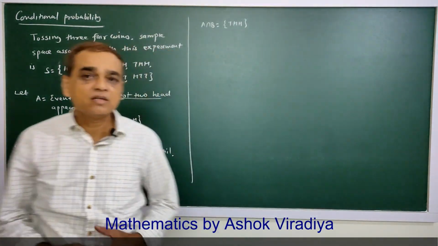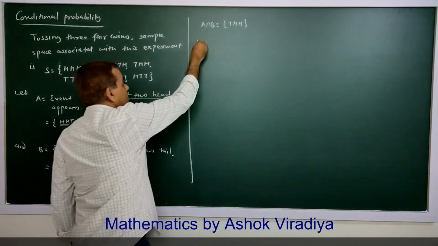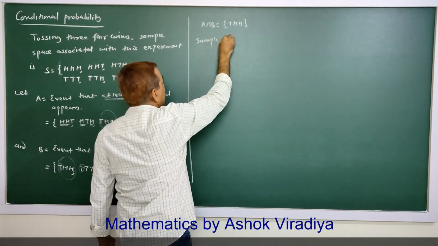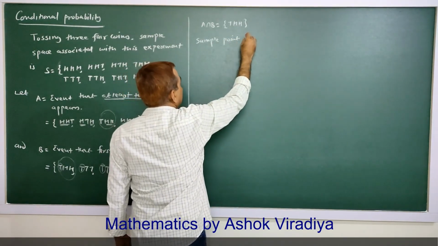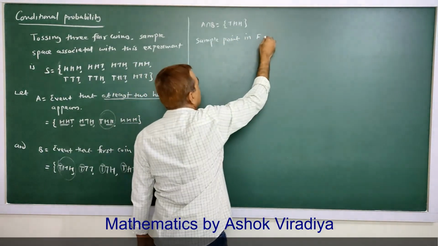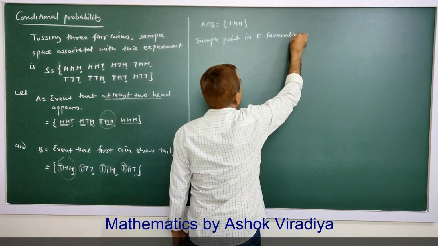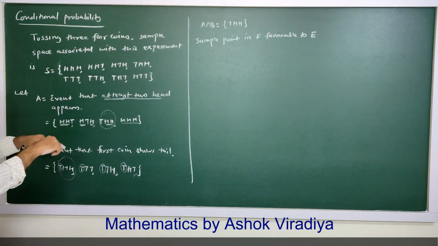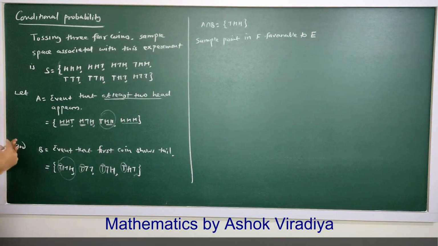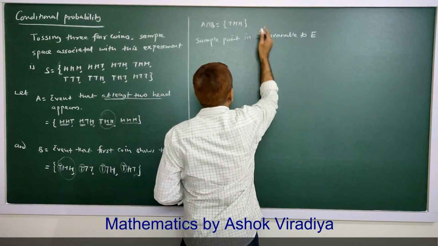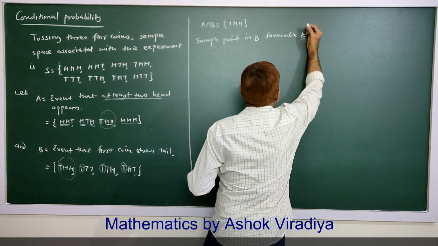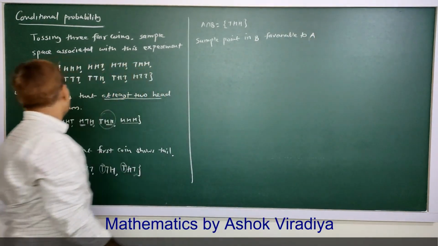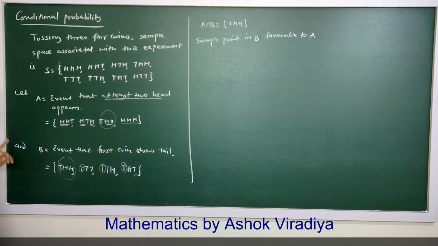Now see, I am putting sample points in F favorable to event E. So here it is sample points in B favorable to event A. See, sample points in B favorable to event A, that means common.